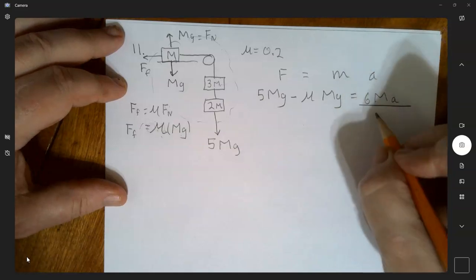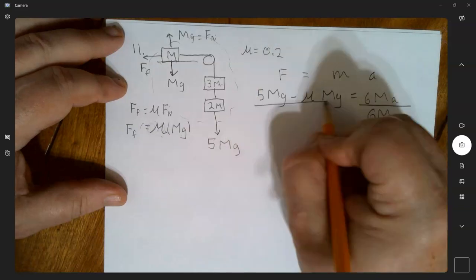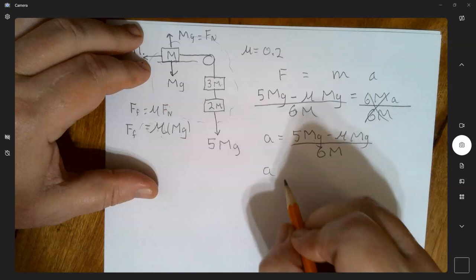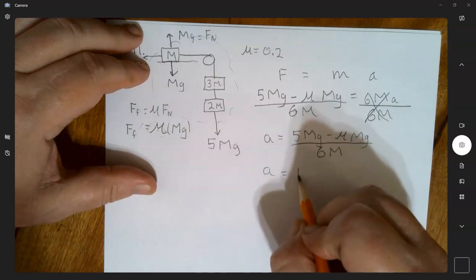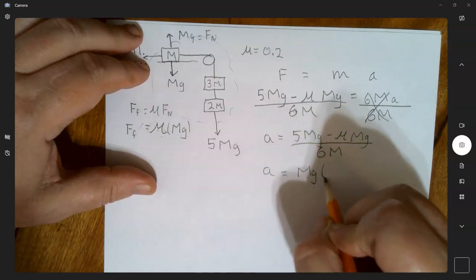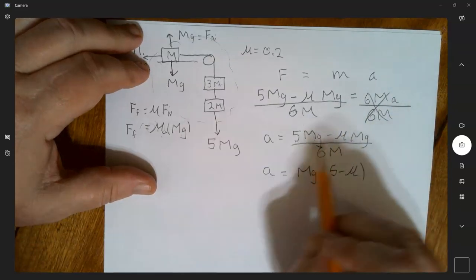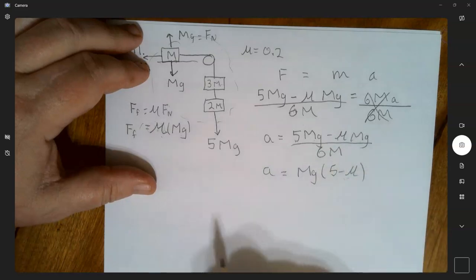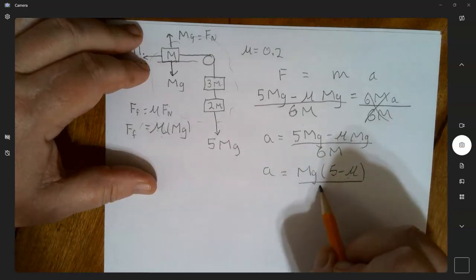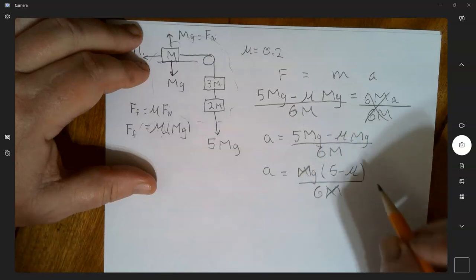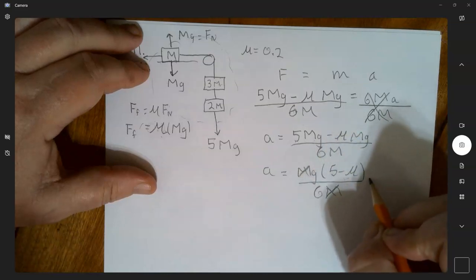Now I'm going to solve for a in variable form. I can factor out mg just like on the last problem. 5 minus mu is left behind in the parentheses. Cancel the m's, and that's what you got.